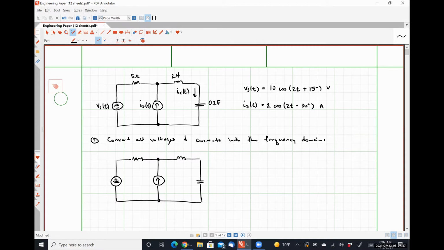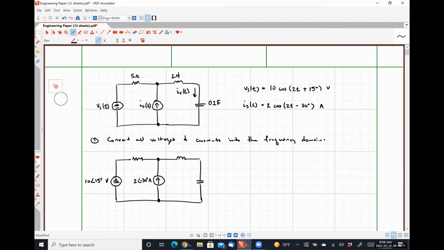The amplitude and the angle that is added. Exactly right. The only two pieces of information that we need to include are the amplitude of the waveform and the phase angle of the waveform. So for our voltage, what would be its phasor representation? 10 angle 15 degrees volts. All right, and our current would then be 2 angle negative 30. Great.